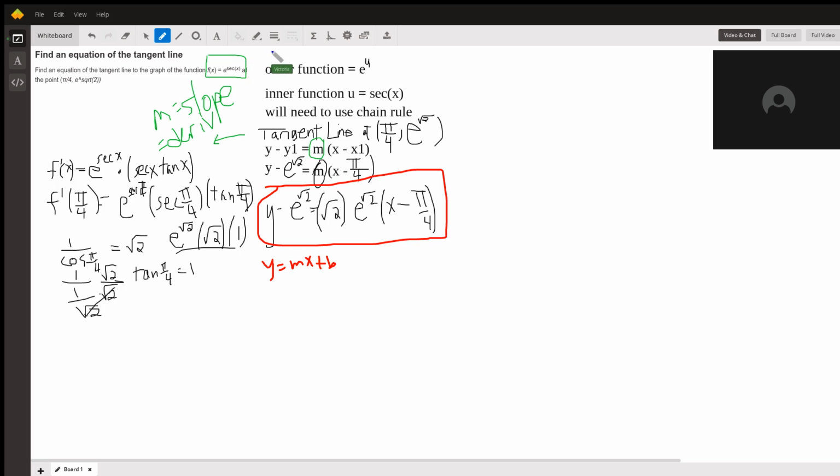So in order to find that, we're going to distribute the slope into each of these and get y minus e to the square root of 2 equals the square root of 2 times e to the square root of 2 times x minus the square root of 2 times e to the square root of 2 times pi over 4.